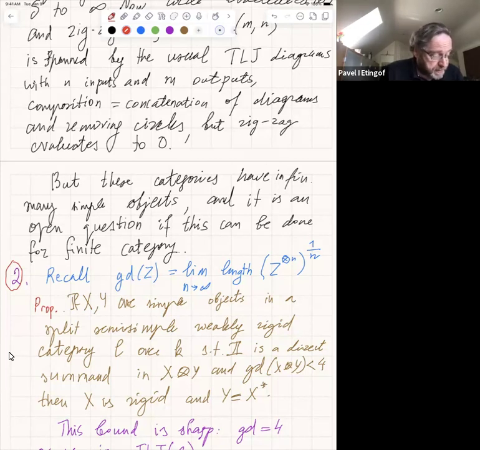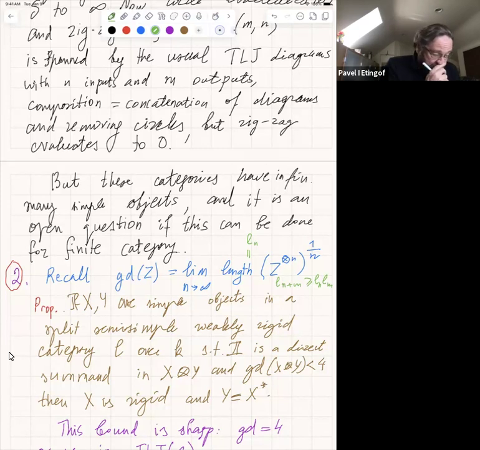This follows from the fact that this number, the length of Z^n, let's call it L_n, satisfies the inequality L_{n+m} is greater or equal to L_n times L_m. And for any sequence satisfying this inequality, there is a limit, in the moderate growth case, finite.